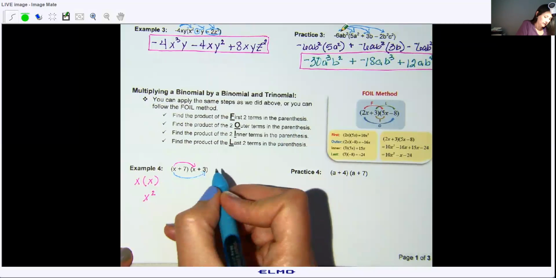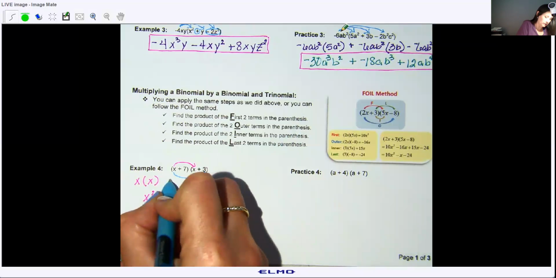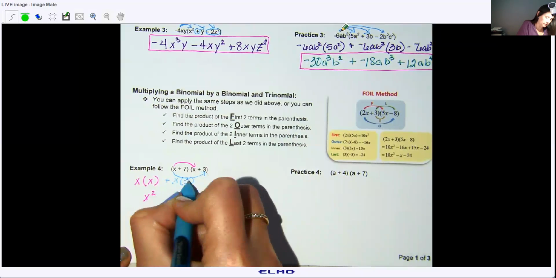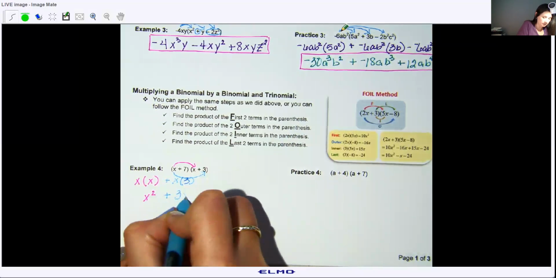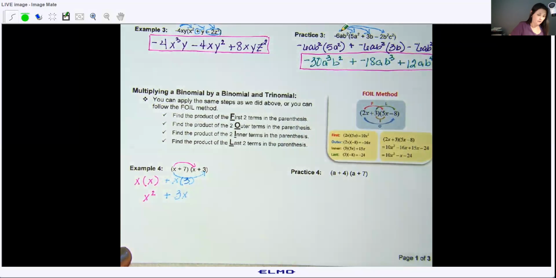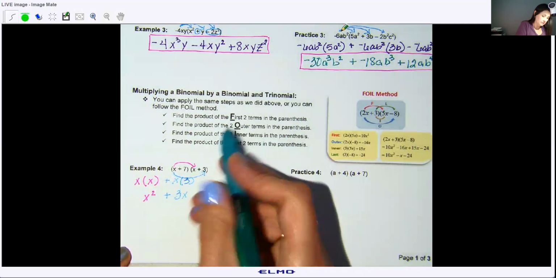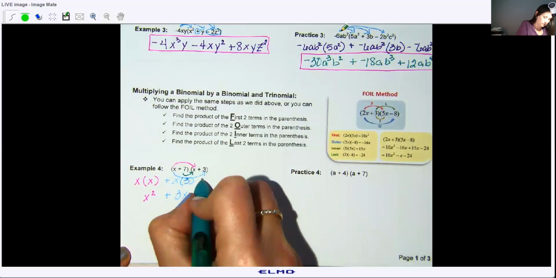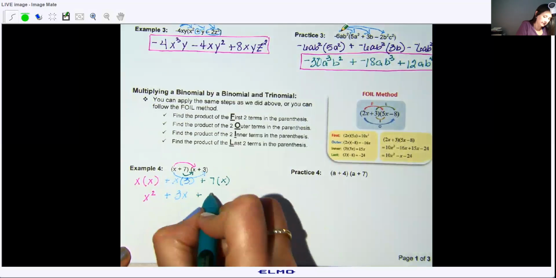So basically x times a positive 3 is going to give us 3x. Then we are going to take the inner terms, so the 7 times the x, which is going to give us 7x.